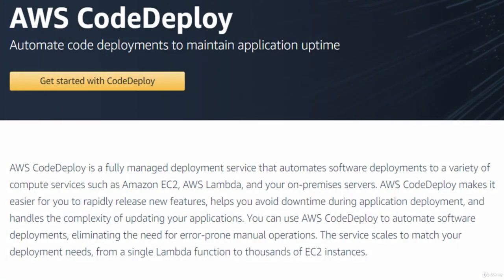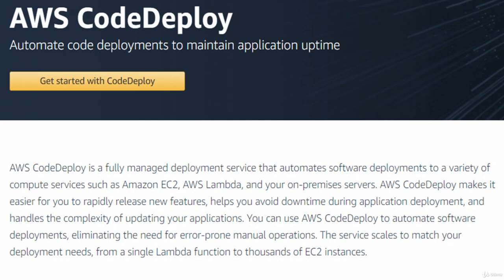You can automate code deployments to maintain application uptime using a fully managed deployment service, CodeDeploy, to automate software deployments to a variety of compute services such as EC2, Lambda, or your on-premises servers. It makes it easier for you to rapidly release new features, helps you avoid downtime during application deployment, and handles the complexity of updating your applications.